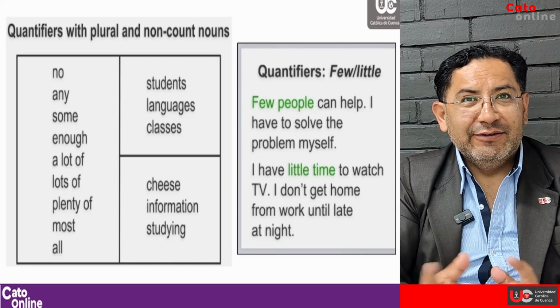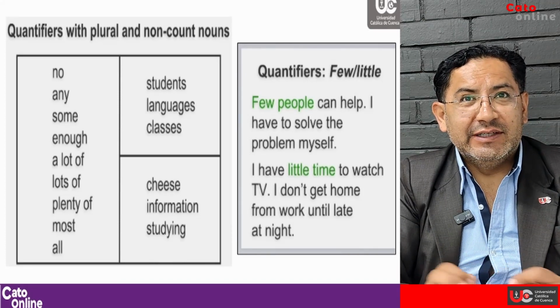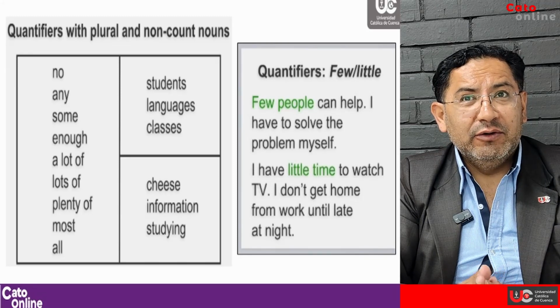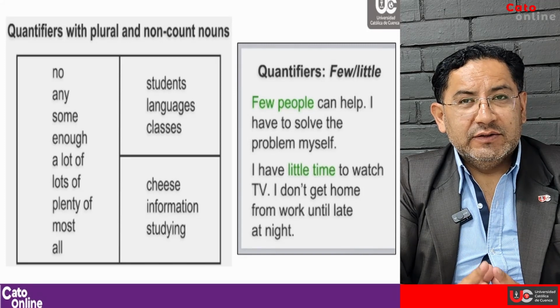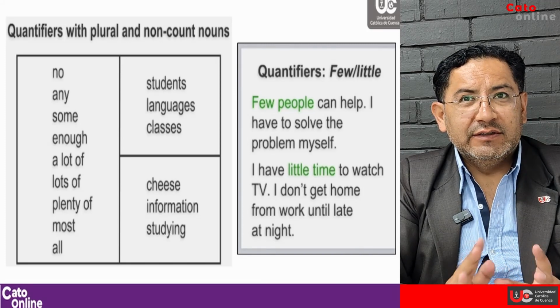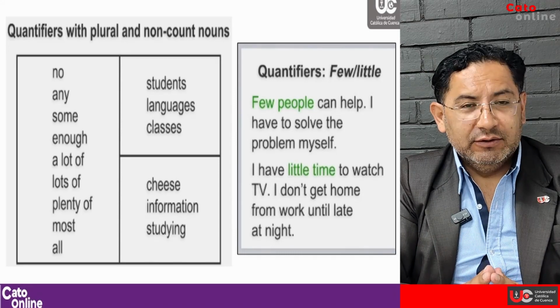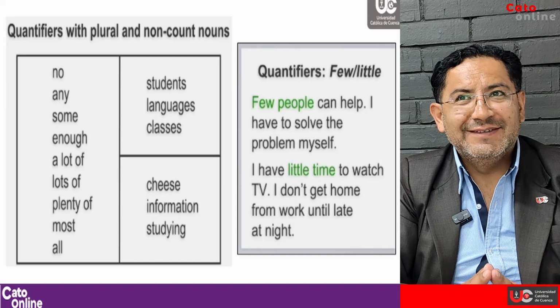Okay, try to write your own sentences using quantifiers with non-count nouns and plural nouns. Try to focus on this kind of quantifiers you can use with both count or uncount nouns.